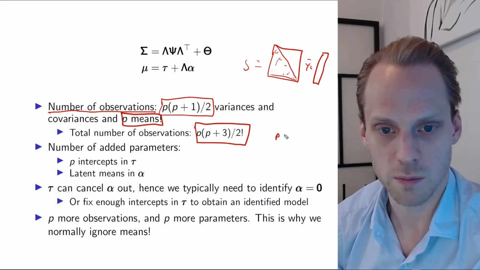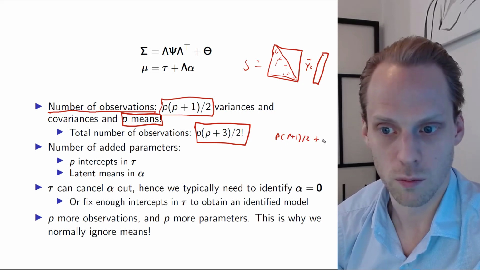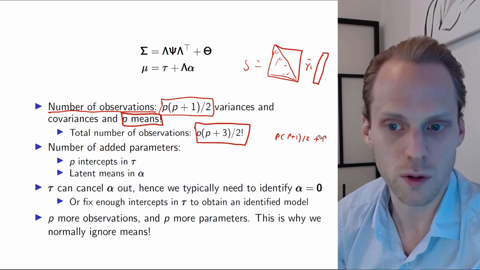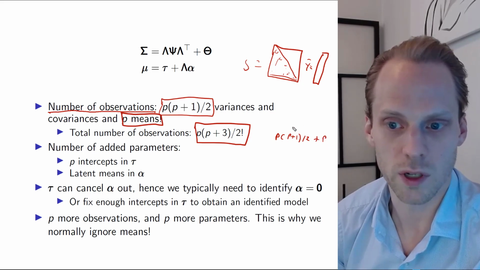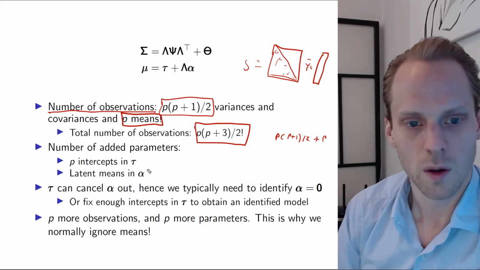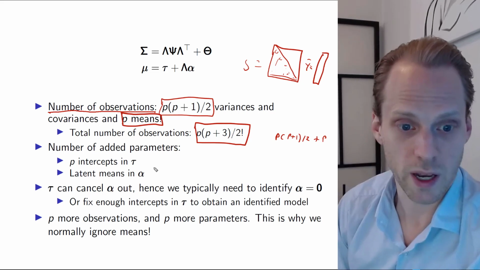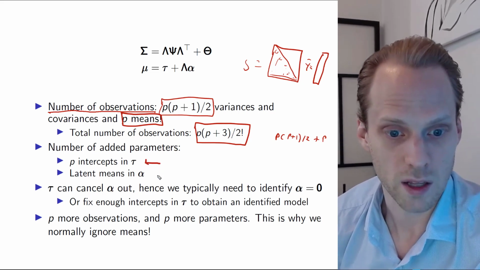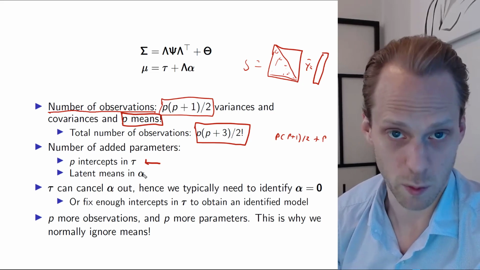And that is the same as p times p plus 1 divided by 2, plus p. But we have also added some parameters. We have added p intercepts in tau, and we added a latent mean for every latent variable we have in alpha.